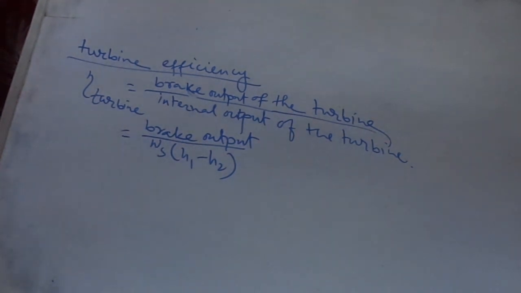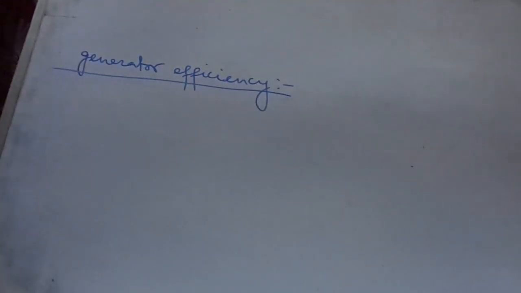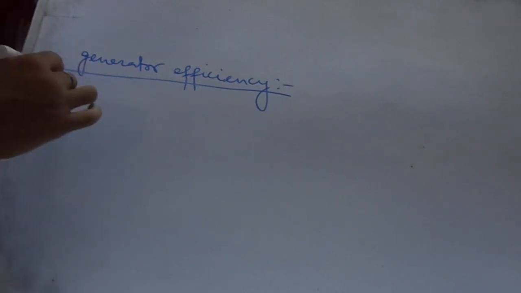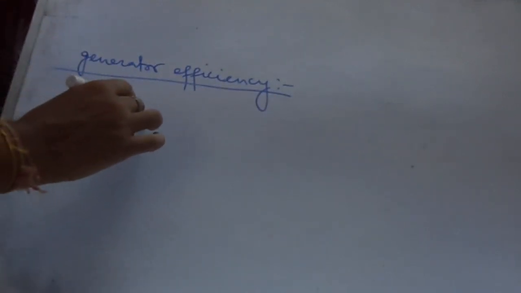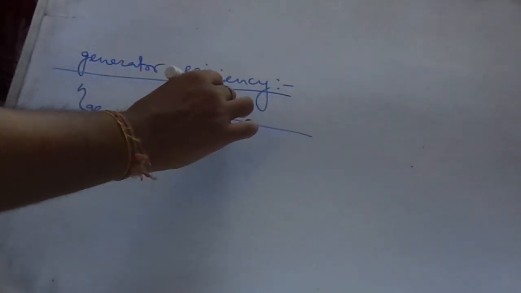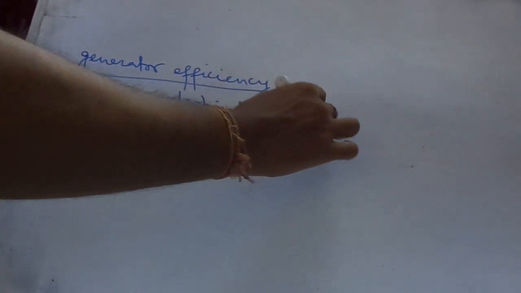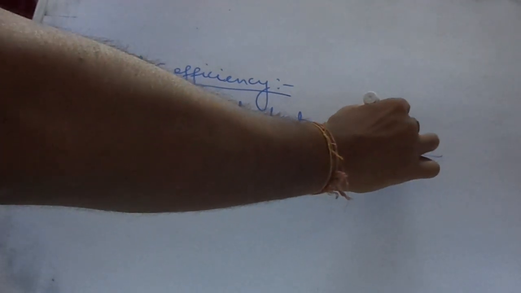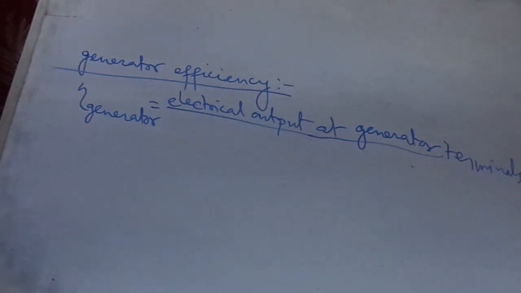Another one is the generator efficiency. Generator efficiency is the electrical output at the generator terminals divided by the brake output of the turbine.